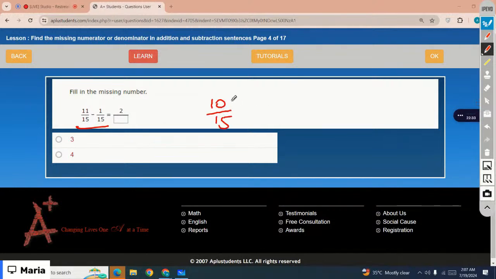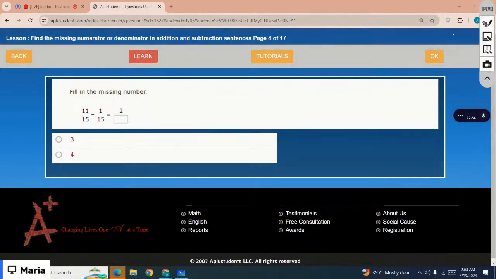So divide them by the greatest common factor, that is 5. 5 times 2 is 10, 5 times 3 is 15, right? So the denominator is 3. Option number 1 is the correct option.